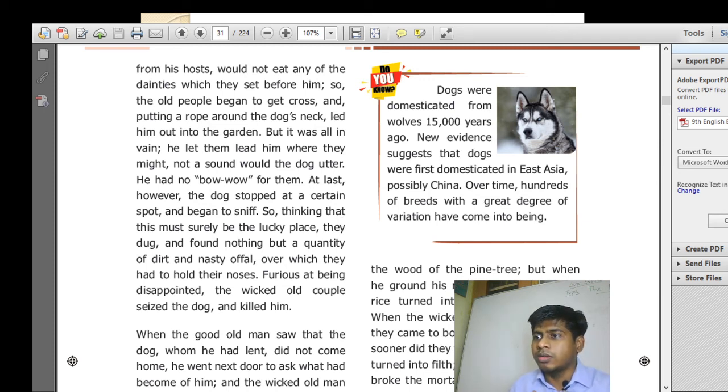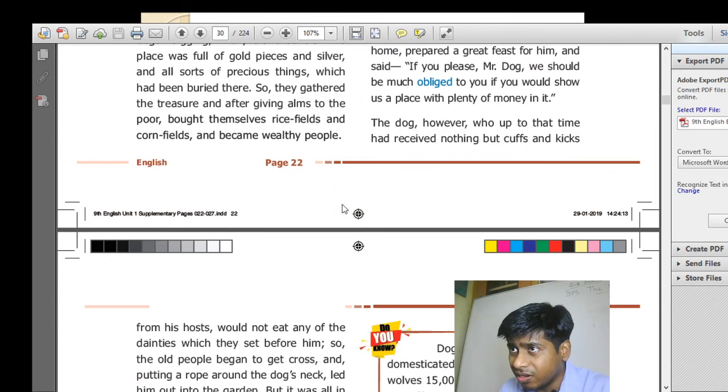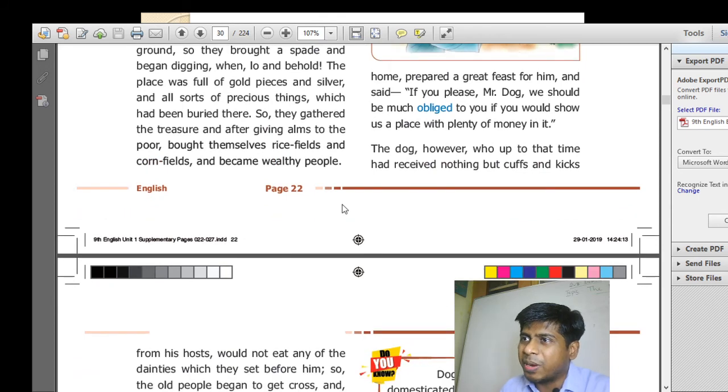Oh God! The poor dog. What happened to the poor dog? See, first, they prepared a great feast for him. Let me tell you, till date this dog ate nothing but leftover tidbits and fish from the kitchen. But now they are providing dainties.